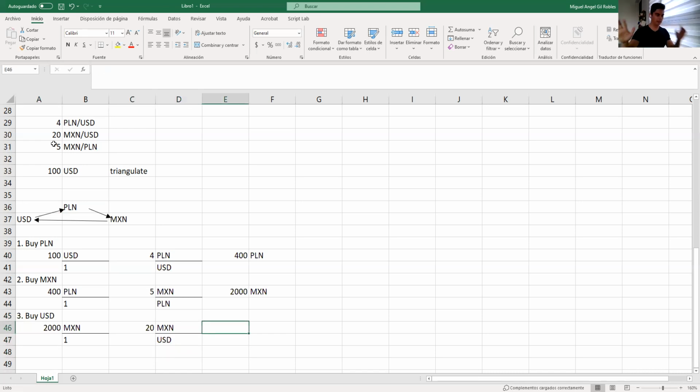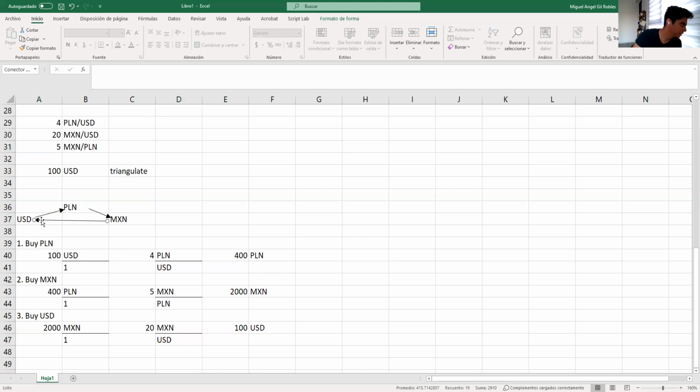And finally, multiply or divide? In this case, I need to divide, because I have pesos on top on both, top and top. I need to divide to cancel pesos. And I will end up with exactly the same amount of money that I started with, $100. So this is the way to prove that 5 is the fair price. But what happens next? Sadly, I will delete all of this.